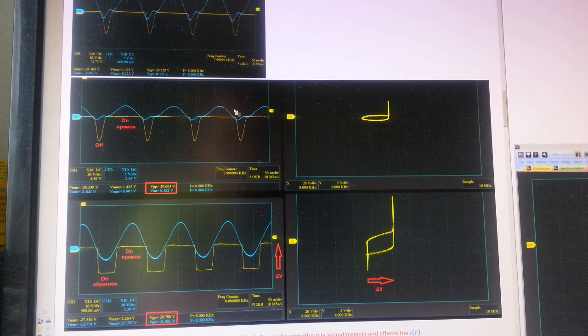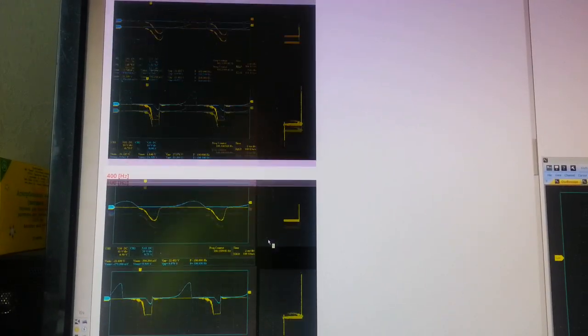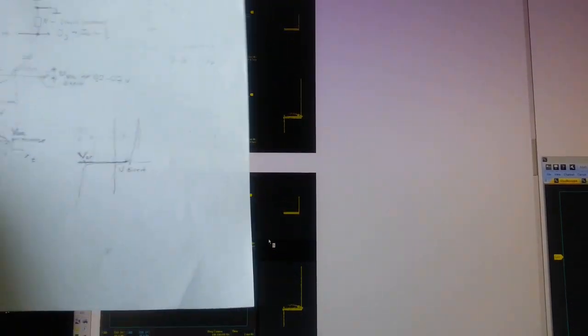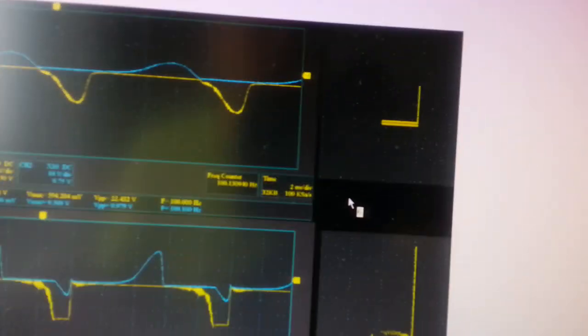And if we reduce the frequency, at this moment we have a frequency of 8 kHz, in this graph it's 8 kHz, so if we decrease the frequency, we will see something like this. Now it kind of looks the same. In this figure there is almost no hysteresis. At small frequencies the shape of this figure is similar to that figure.